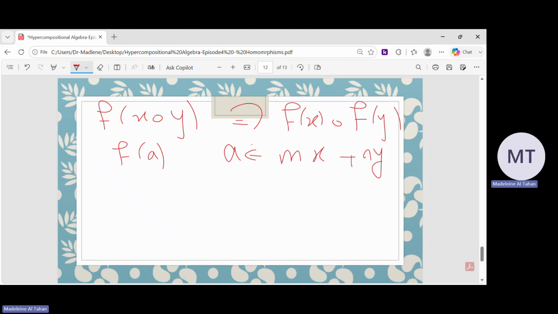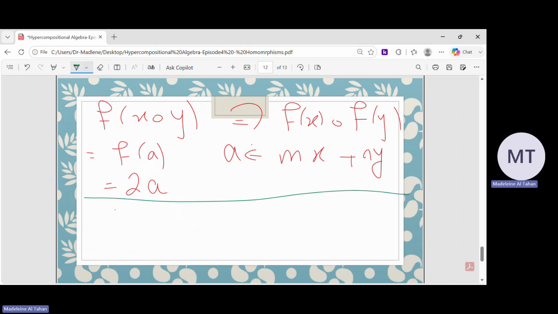f of a is 2a. So the left-hand side is 2a with a belonging to mx plus ny. Let's use the green for the right-hand side. f of x is 2x, and here we have round 2y.